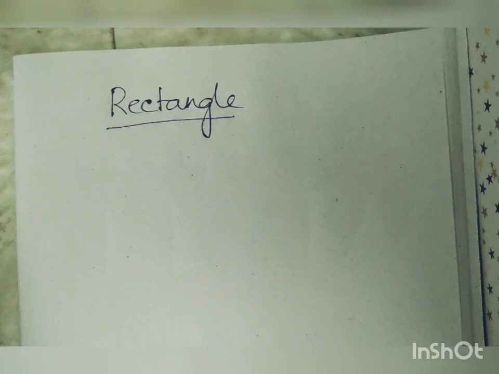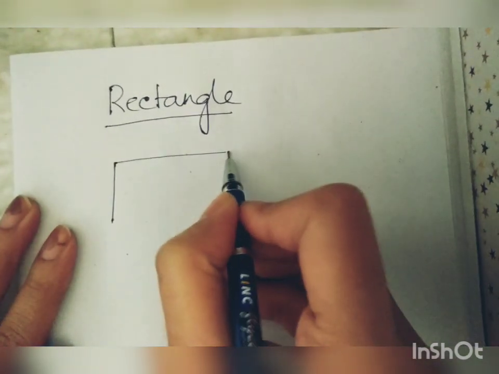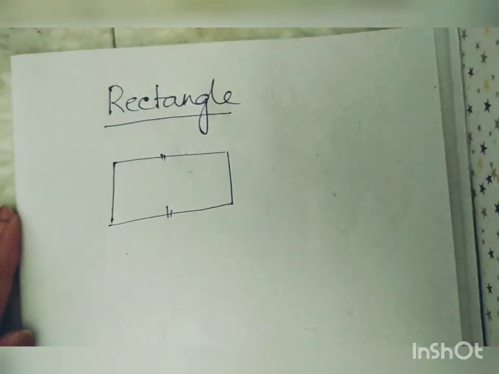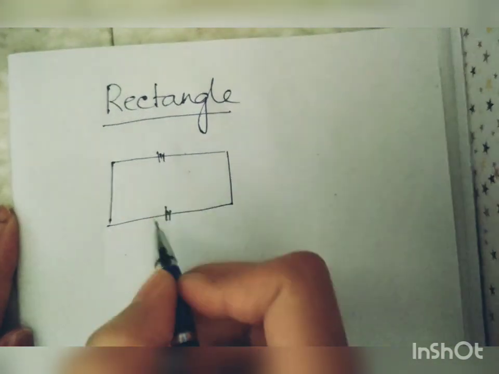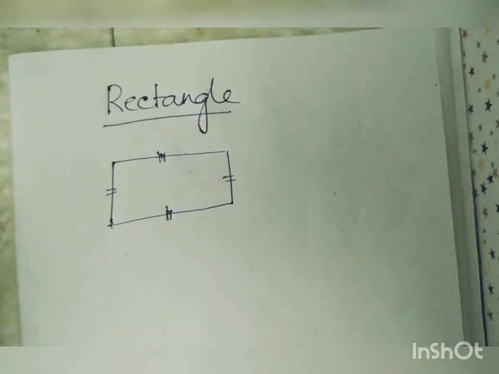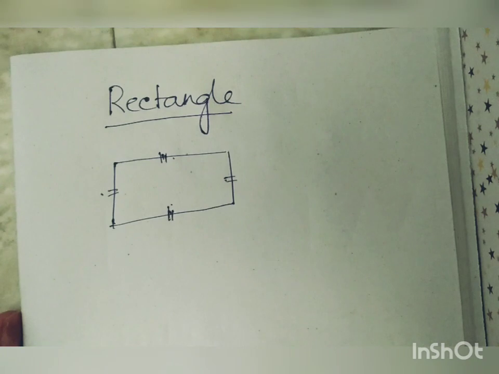Now a rectangle is a quadrilateral having two pairs of opposite sides equal in length, meaning these are a pair of opposite sides, and this one is also a pair of opposite sides. So these two and these two are equal in length.